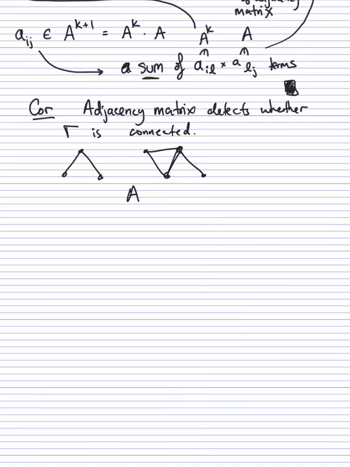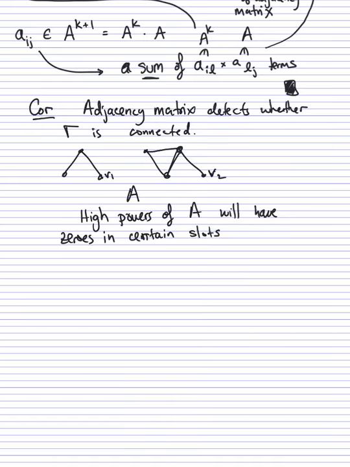On the other hand, if I take high powers of A, they will always have zeros in certain slots, right? So no matter if this is vertex 1 and this is vertex 2, there will never be a non-zero entry in the 1, 2 coordinate just because there are no paths that go from here to here. So this is a contradiction.